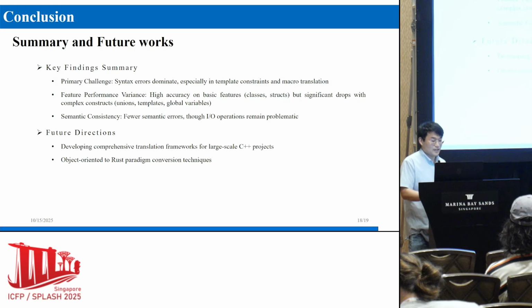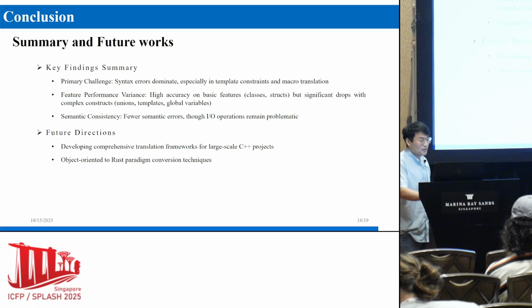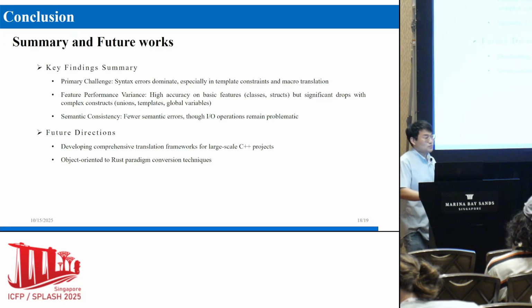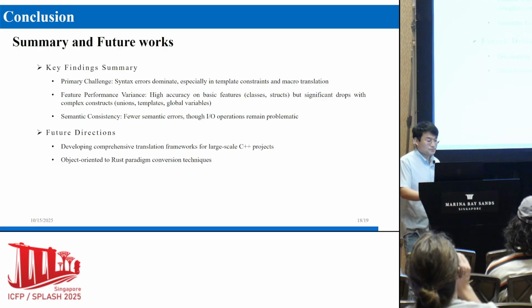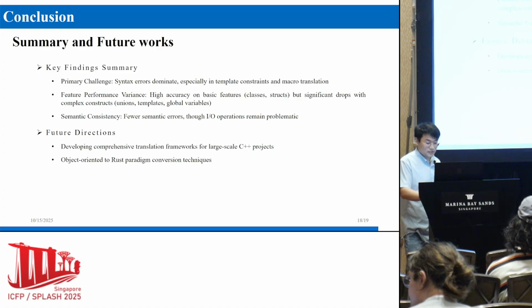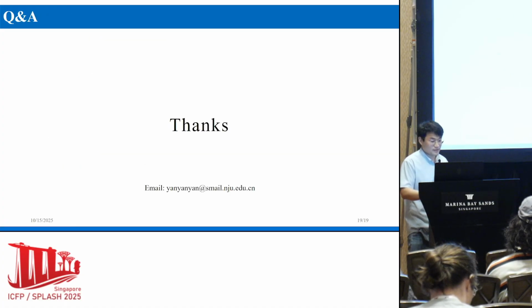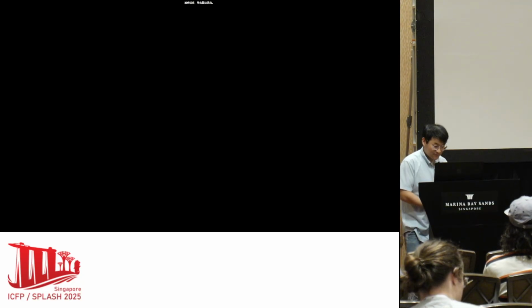As for semantic consistency, we have fewer semantic errors compared to syntactic errors. Our future direction is focused on developing a comprehensive translation framework for larger-scale C++ code projects. And we need to also focus on techniques for converting object-oriented features to the Rust paradigm. Thank you.